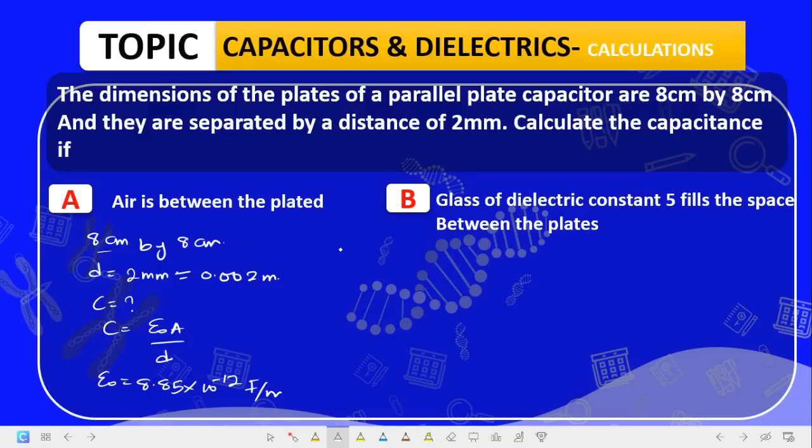So 8 centimeter to meter will be 0.08 meter. So it will be 0.08 meter by 0.08 meter. Now, to get the area, length times breadth, which is equal to 0.08 times 0.08, and that will give us 0.0064.